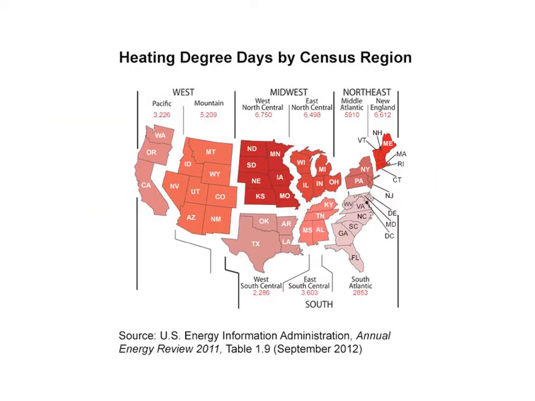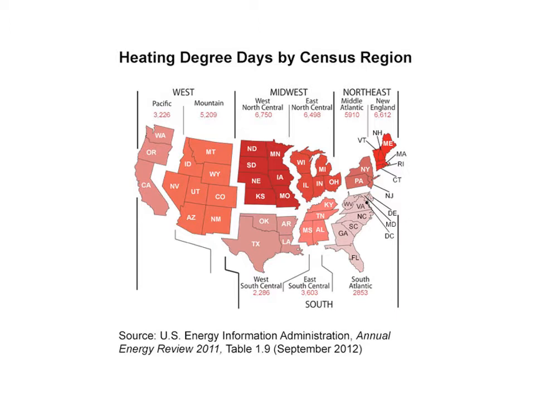We can also think about how these values for heating and cooling degree days vary geographically, or spatially. This is a map that was created by the US EIA. It divides the US into several different regions. This is clustering: these are regions that are clustered based on their heating and cooling degree days.